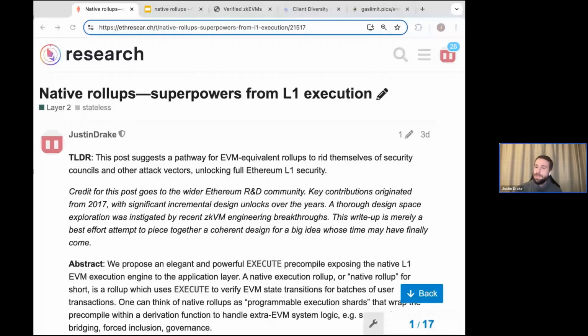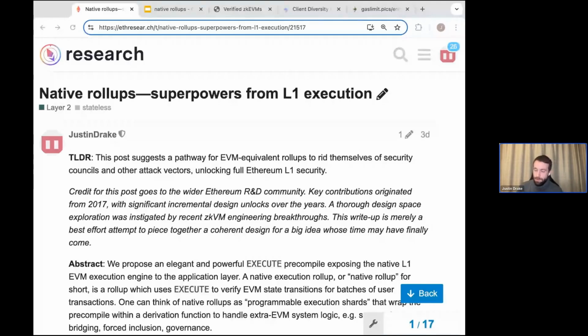How would the transition from non-native rollups to such proposed native rollups take place, and what does it look like? So basically what needs to happen is that the EVM equivalent rollups need to isolate their state transition function, whether that's in the fraud proof game or in the SNARK circuit, and basically take all of that logic, ditch it, and replace it with one precompile.